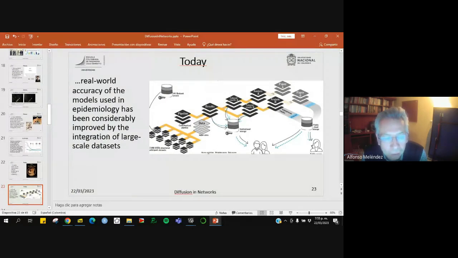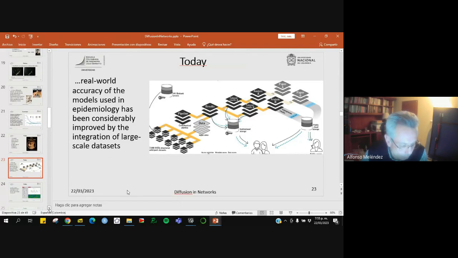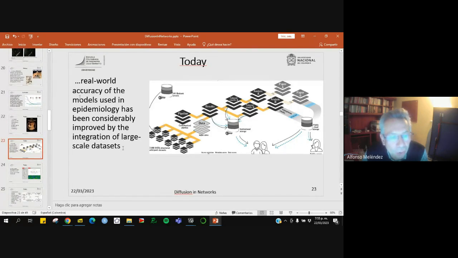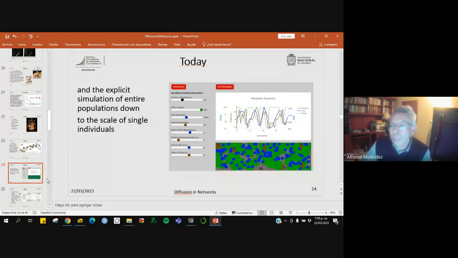And I would add the integration of technology, okay? A new way of viewing epidemics, perhaps not mathematically, not theoretically, but computationally, okay? Simulation.